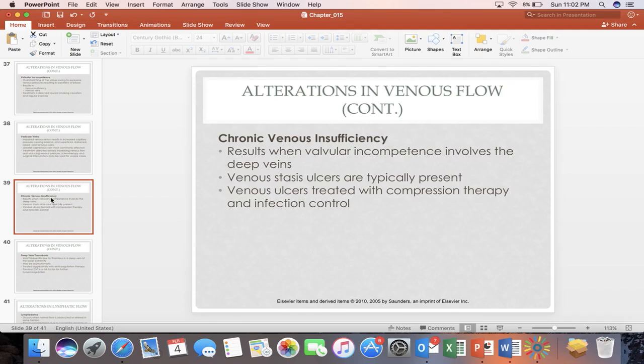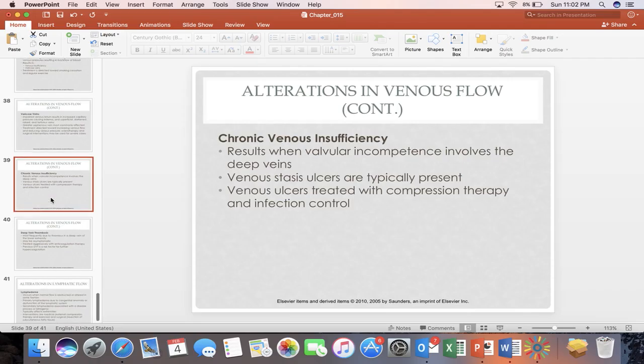Chronic venous insufficiency may result when valvular incompetence involves the deep veins. Venous stasis ulcers are typically present. Venous ulcers are treated with compression therapy and infection control.